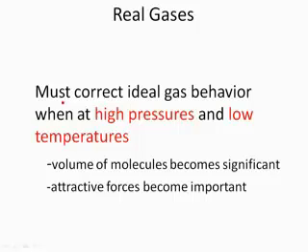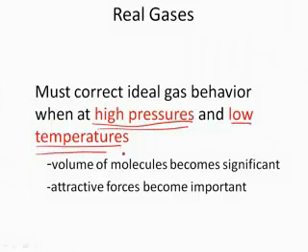The key things to look for, where the use of the ideal gas law is not appropriate, are conditions of high pressures and low temperatures. Basically, two assumptions of kinetic molecular theory are not valid at high pressures and low temperatures.